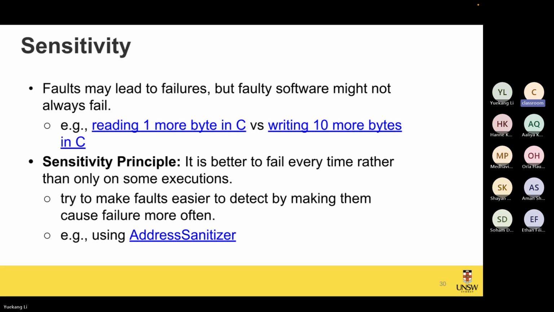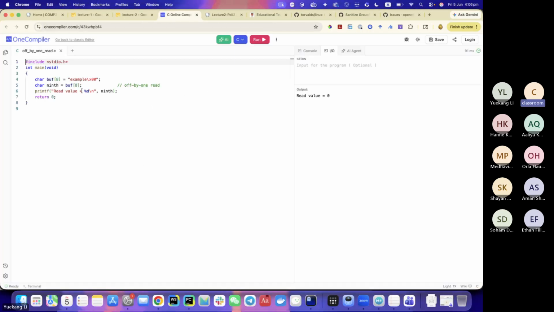For example, if we read one more byte in C, let's click on this example here. In this example, we have a buffer with 8 bytes, and if we read with index 8, because the index starts from 0, we are reading the 9th byte of the buffer.